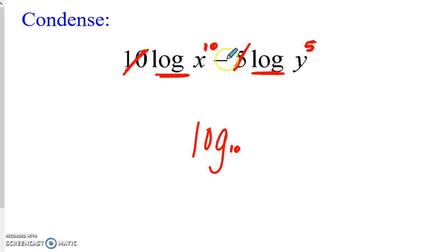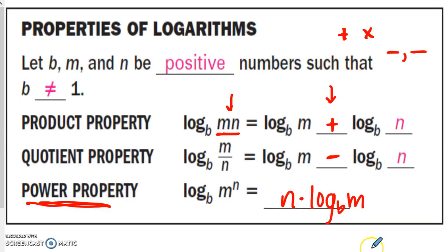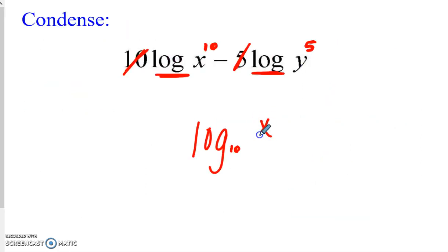And now, since the sign in the middle is a minus sign, if I go back and look at my rules, I know they need to be divided. And just make sure the first one gets on top of the second one. So when I go back to this one, it's going to be x to the 10th over y to the 5th.